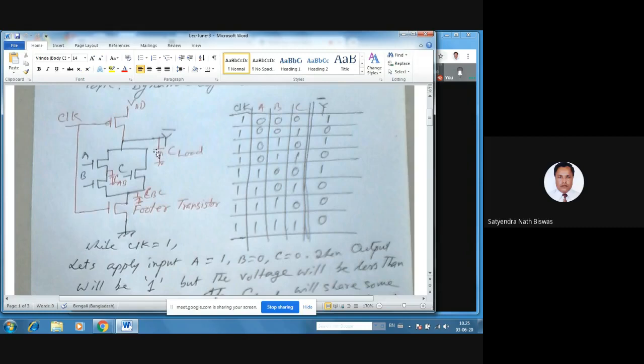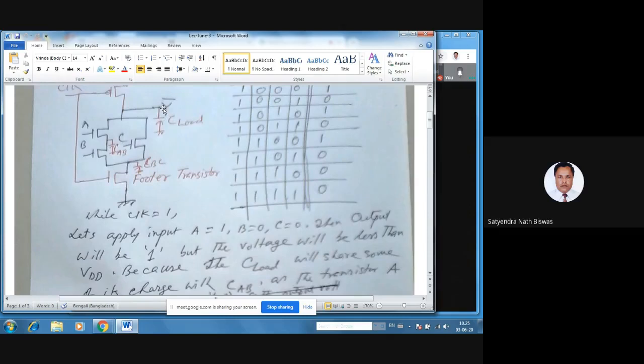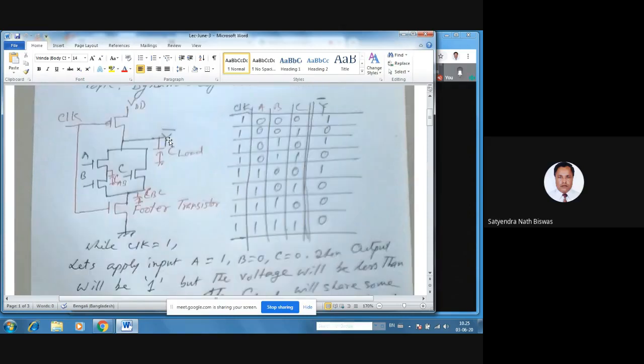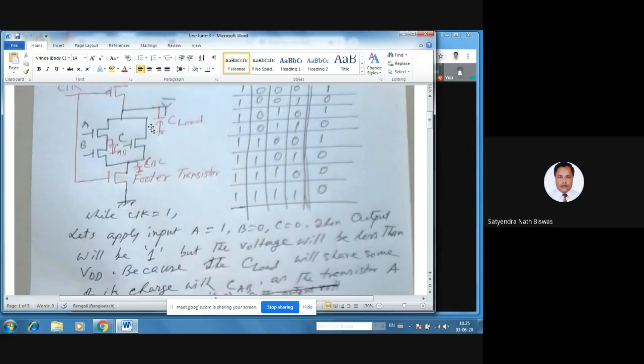So then the load capacitance charge will decrease, and the voltage at the output will not be the same as VDD. It will be degraded. And if we do this kind of operation several times, the voltage at this load capacitance decreases a little bit because of the charging of CAB.